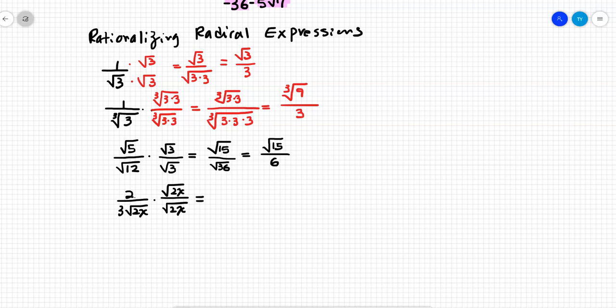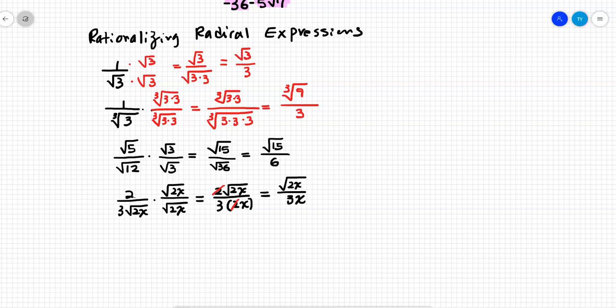On the top, you will have 2 square root of 2x. At the bottom, you're going to have 3 times 2x. You can cancel out the 2 over here. You have square root of 2x divided by 3x, and that should be the answer.